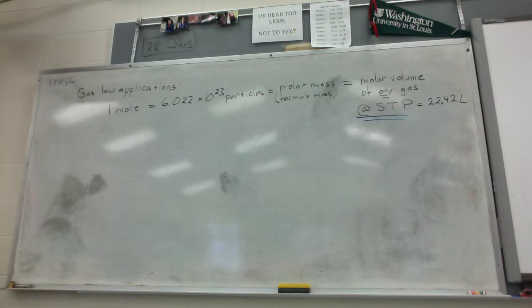What dimensions does our cube, which would probably be the easiest thing to do, need to have in order to have a volume of 22.42 liters? I'll leave you to your own devices for a few moments. If I knew the conversion between cubic meters and liters, I know, so.